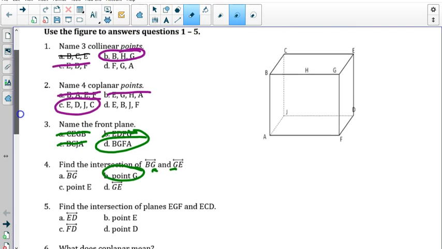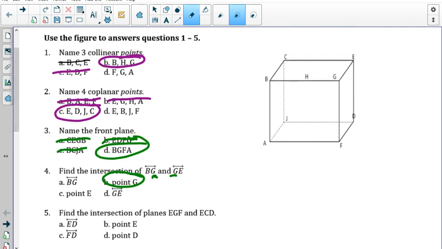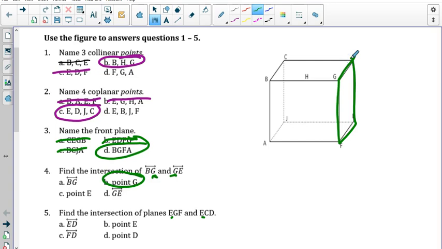What about EGF and ECD? Well, we know E for sure, but where else? So EGF, where's that? EGF, that's the right side. ECD, let's see where that is.